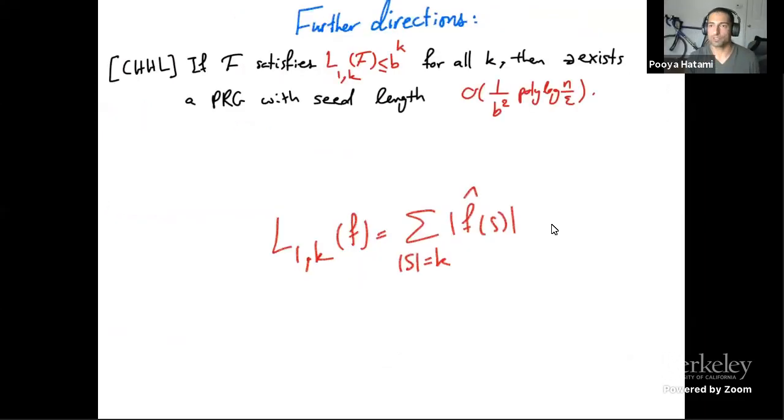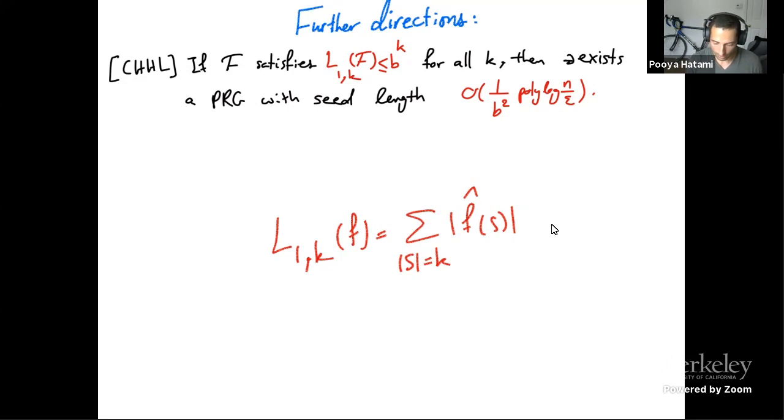And so let me discuss some further directions and some more recent developments in this area. What we showed is that if you have a bound of b to the k on all the kth level Fourier coefficients, an L1 bound on the Fourier coefficients of the family, then you can get a PRG that has seed length roughly 1/b squared polylog n over epsilon.